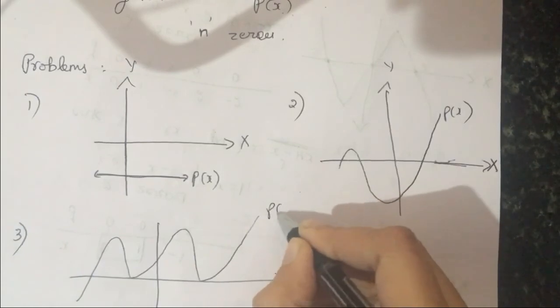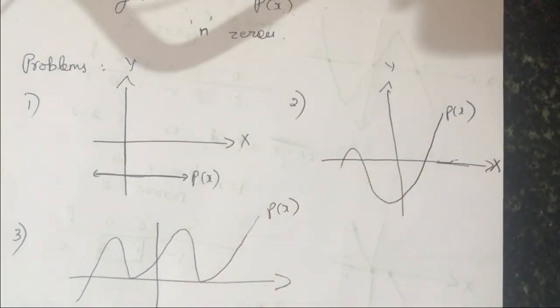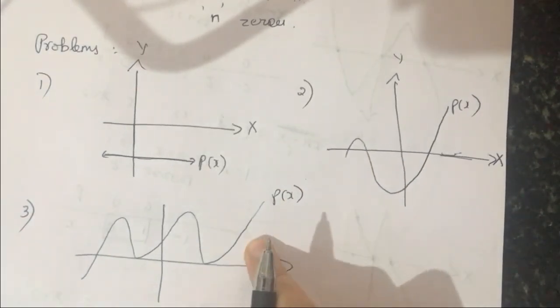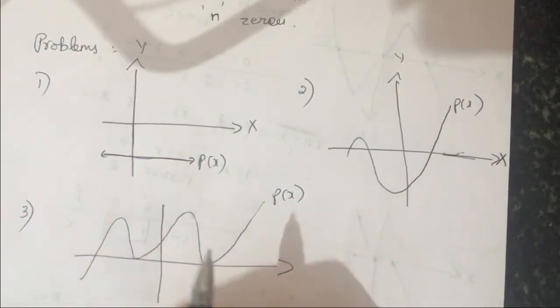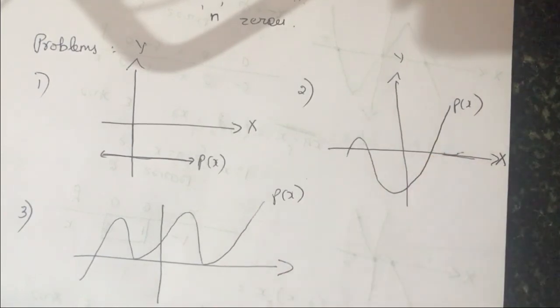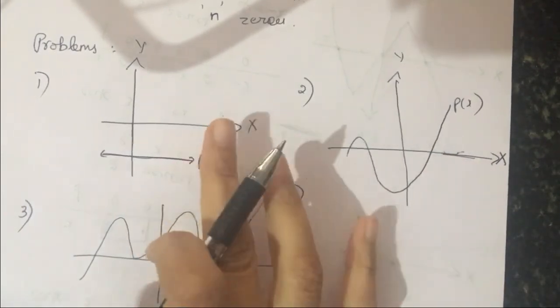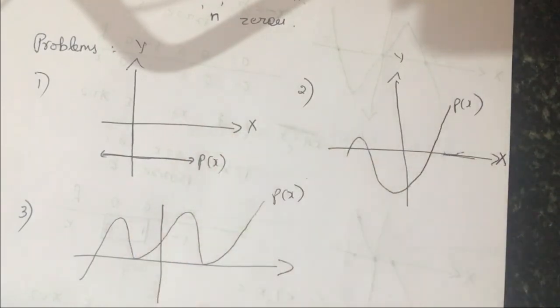This is my polynomial p of x. Sometimes the curve of any polynomial just touches the x-axis. Sometimes it intersects. Okay, you tell me how many zeros these polynomials have.